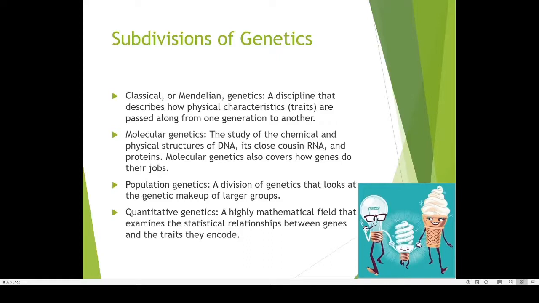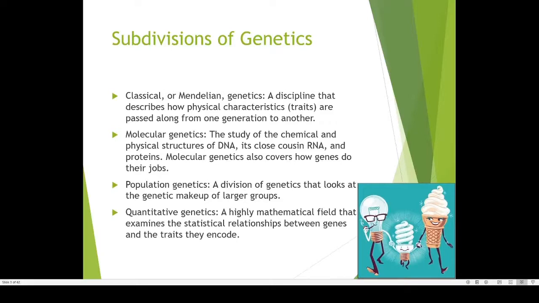But in population genetics, they look at a larger group instead, or probably a population, or a clan, or even, to an extent, countries. What's the difference between this country and this country in terms of their appearances? They could also have their similarities and differences depending on where they are.